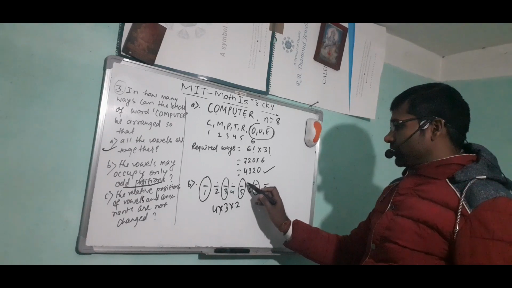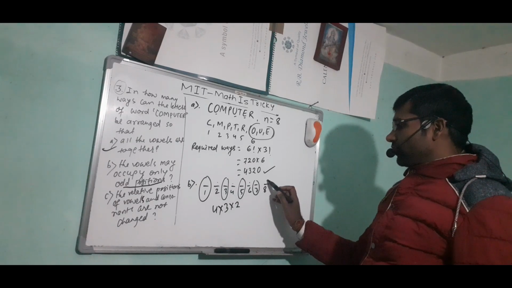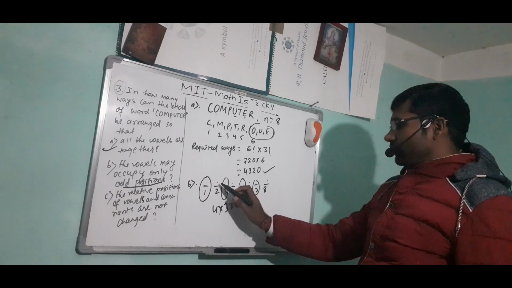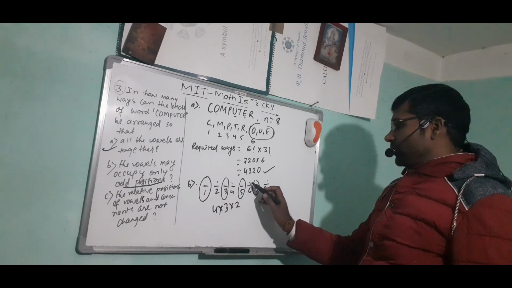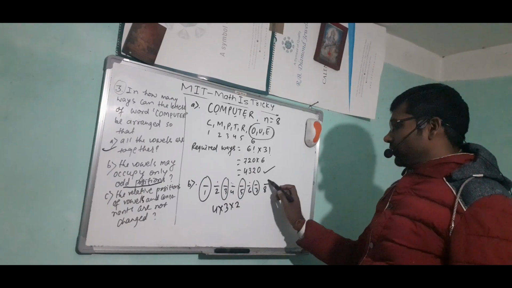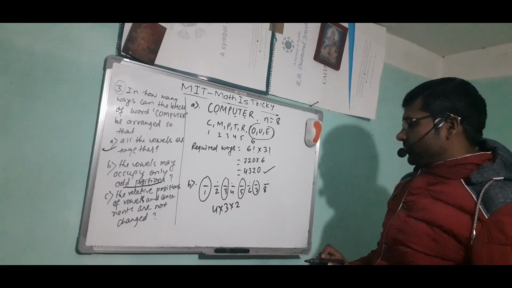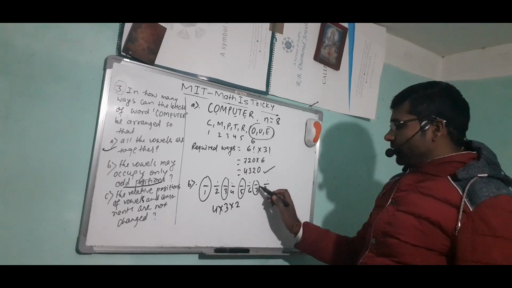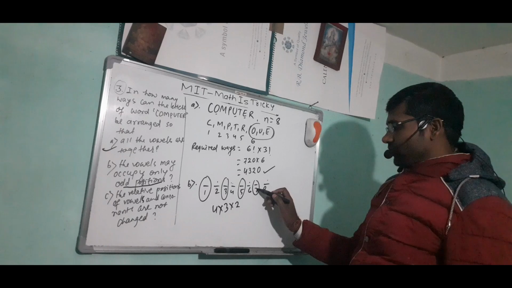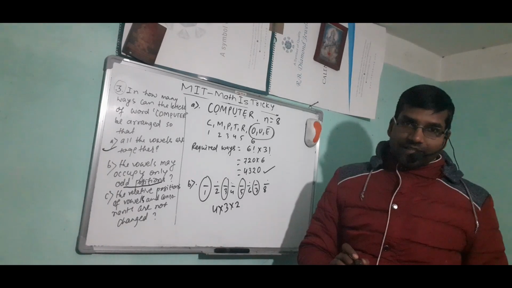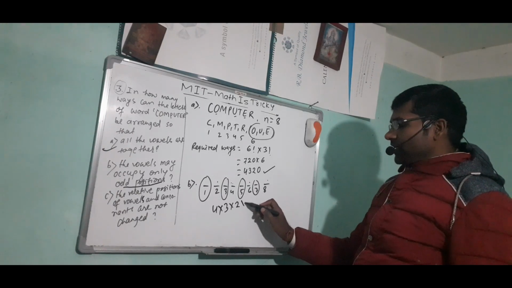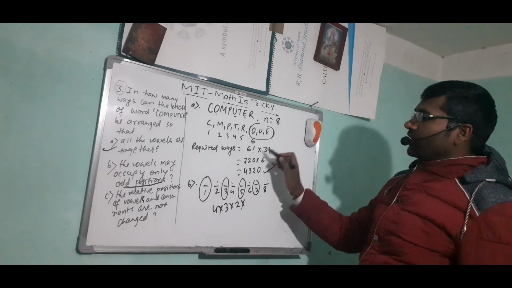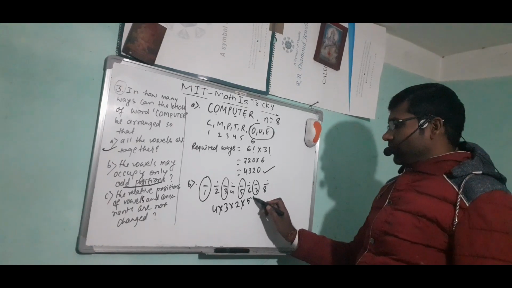Now see how many places remain. There are 5 places remaining, and these 5 places can be filled with the 5 consonants in 5 factorial ways.